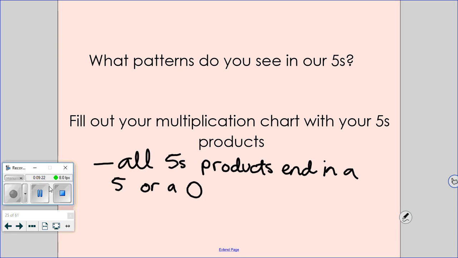Remember when we did our 2s and all the products of a 2 were even? Is that the case with 5s? No. Are all the products odd? No. What do we notice about the products? Cade, what do you notice?